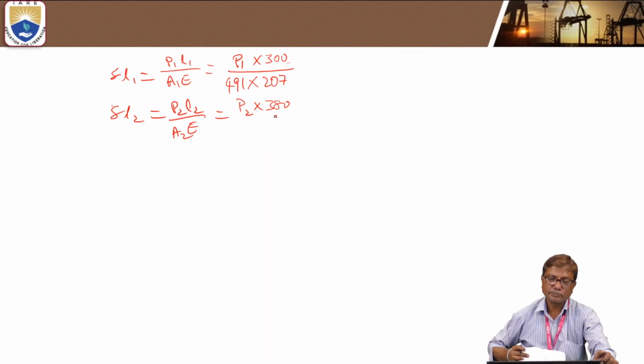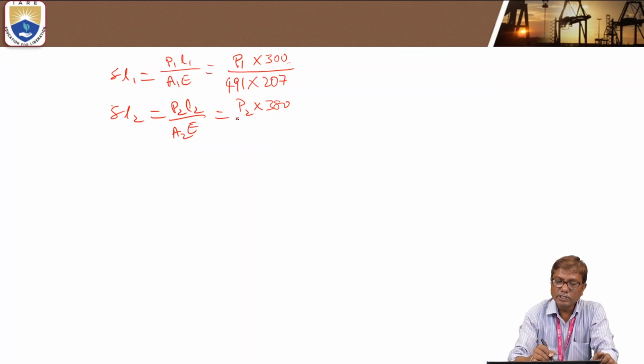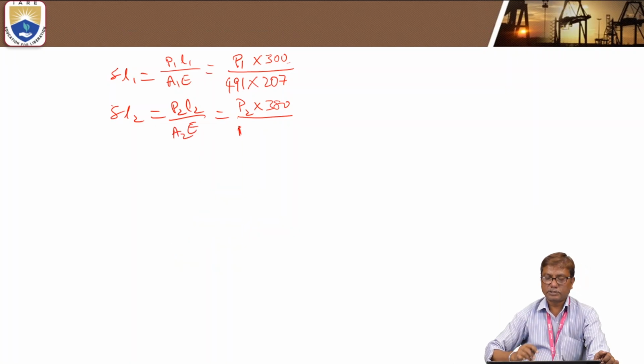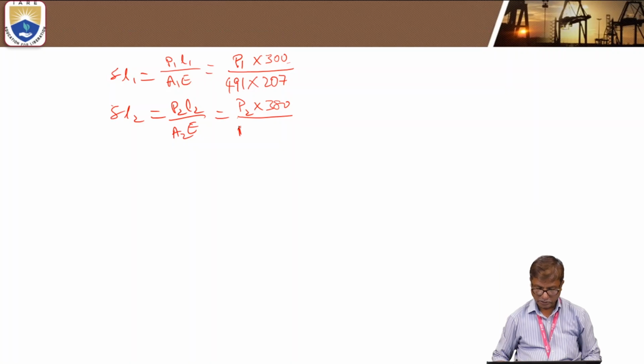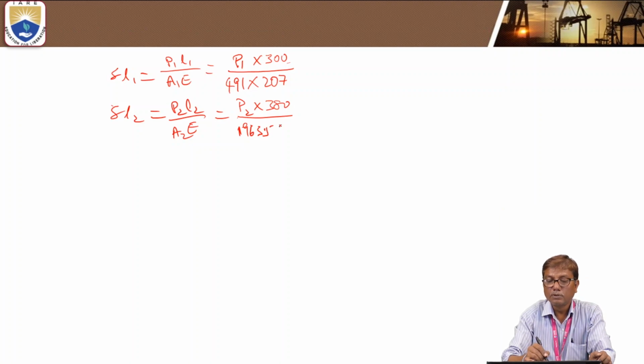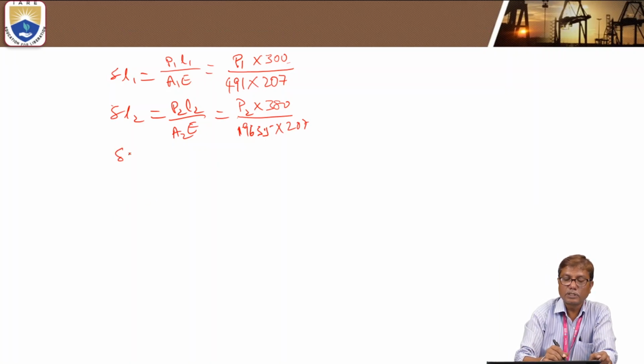So P2 L2 by A2. The area of member BC is 1963.5 into 207, and delta L3 is P3 L3 by A3E.